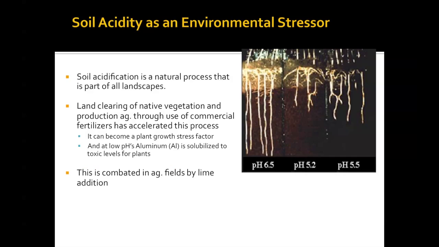We see this in some states, it's more apparent in some states than others. I believe Vermont is a state that is very aware of that. In agricultural operations, the acidification of the soil is combated by lime addition. It's a fairly simple process, and we'll look at that.